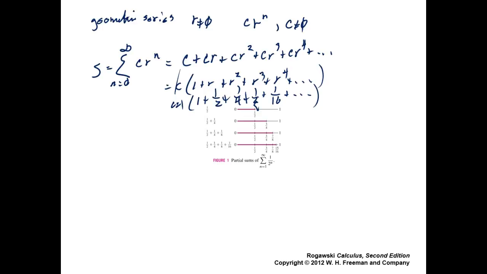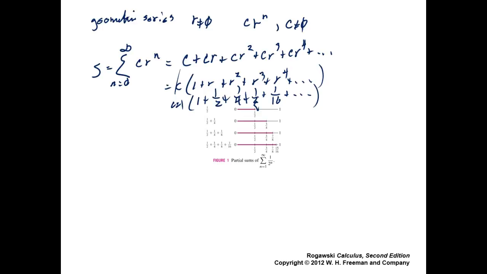But the sum, this was sort of easy to see. If you start with 1, this is 1/2 here, plus a 4th would be halfway between 1/2 and 1, plus another 1/8.